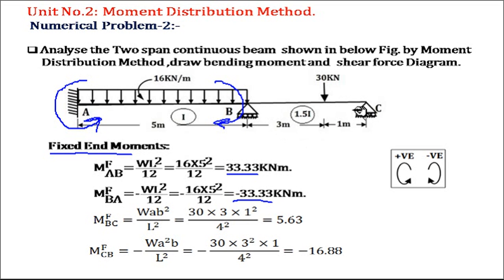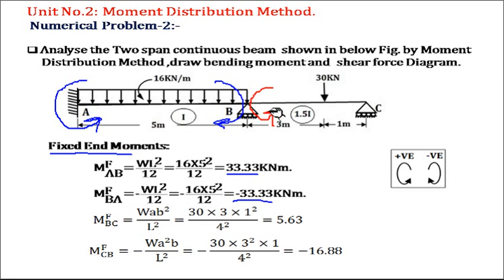The next member is BC. The fixed moment in member BC will be in the anti-clockwise direction, so it will be plus. When a beam is loaded by a point load acting away from the center, the formula is W A B square upon L square.